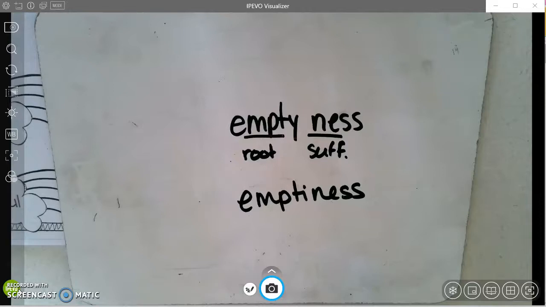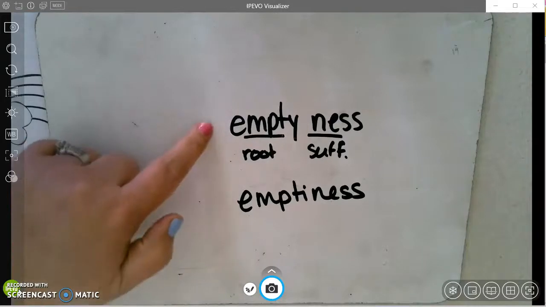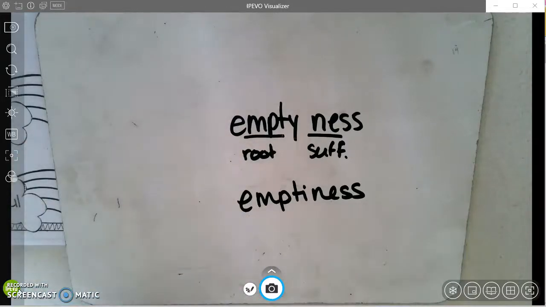So empty is a word, yes, but then emptiness kind of changes that a little bit. So we could say the emptiness of this room saddens me. Or empty, please empty the box. It still means take out, but it changes it just a little bit.